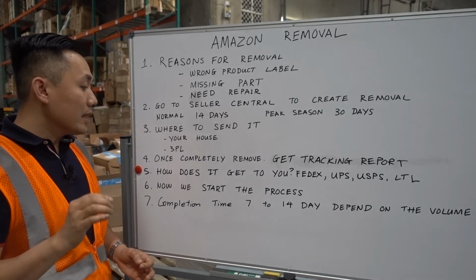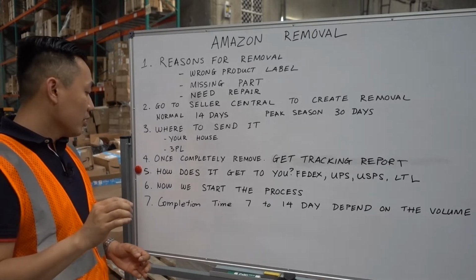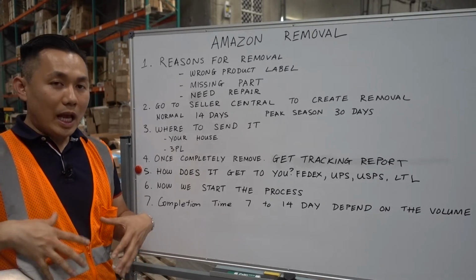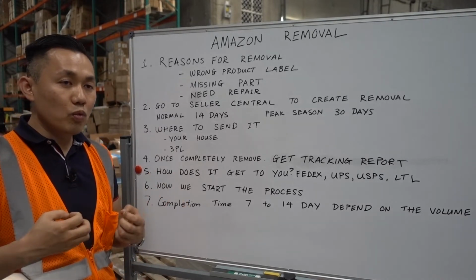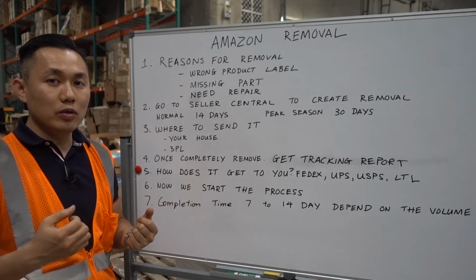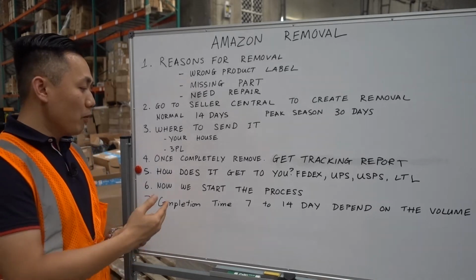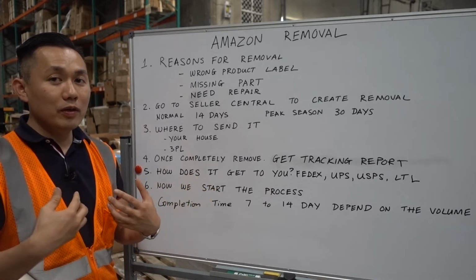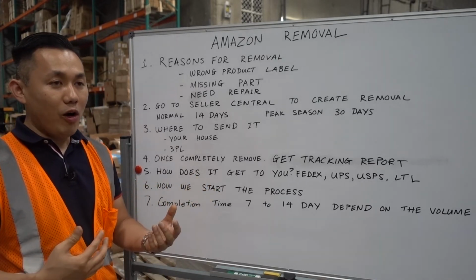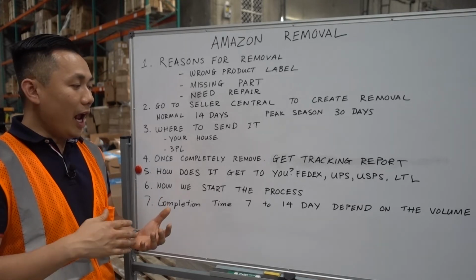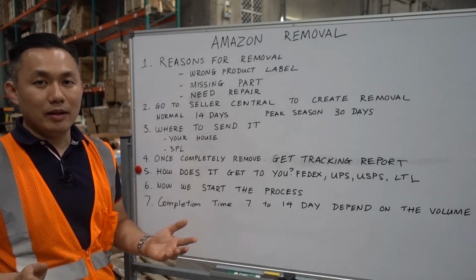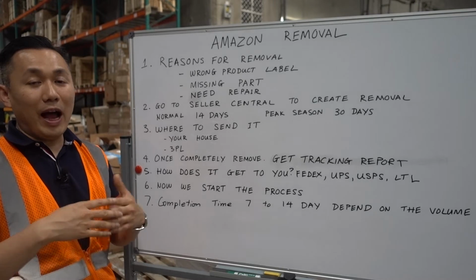How does it get to you, right? When you send your product to Amazon, you use one method to go there. You either use LTL, UPS, or FedEx. But when your shipment gets removed to your house or to us, it comes in all types of methods, because Amazon just wants to get that stuff out for you, right?